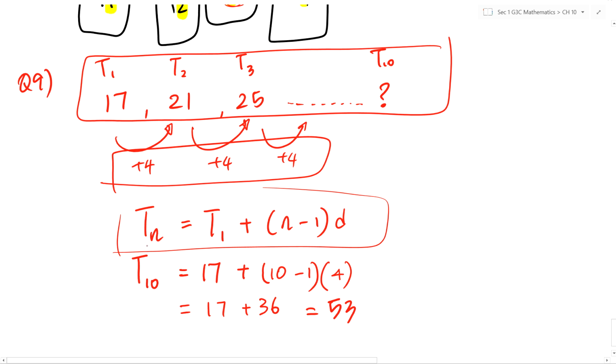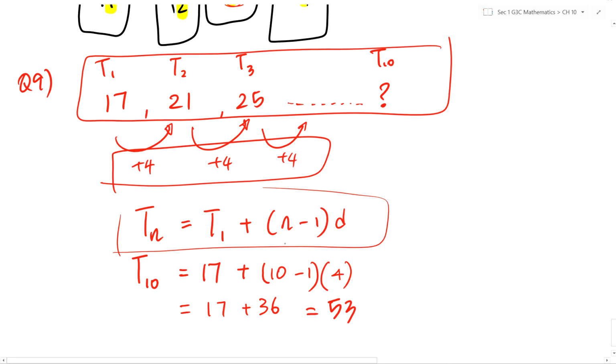If in this formula I want term number 1, n is equal to 1. Then term number 1 is equal to term number 1. I cannot add anything to it, because if I add anything else to term number 1, I wouldn't get term number 1 anymore. So term number 1 must be equal to term number 1 plus 0.